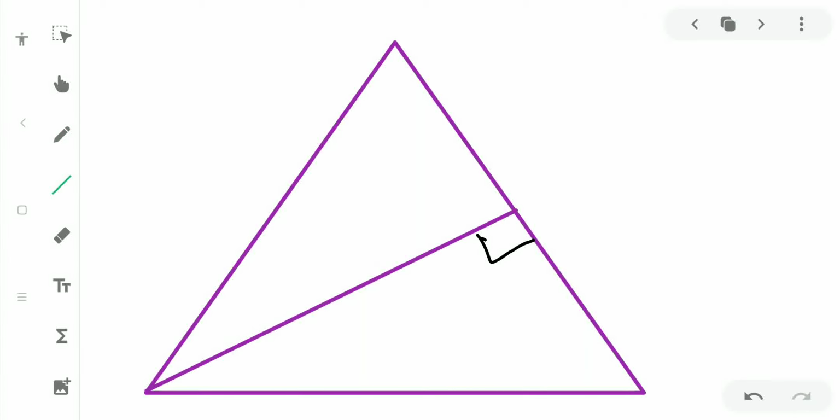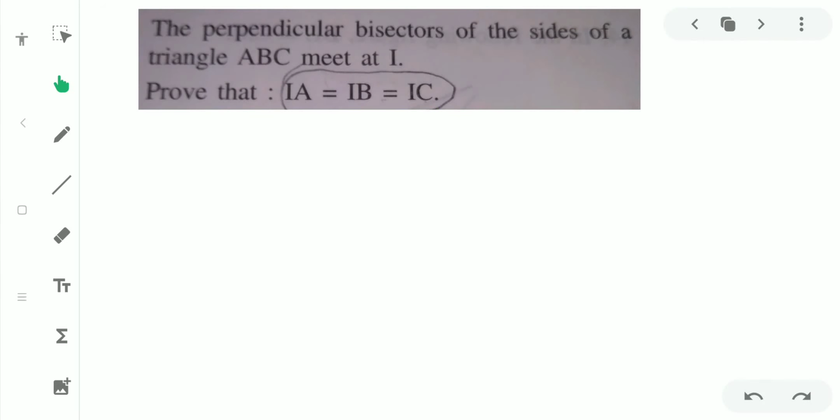When it bisects this side, what is meant by bisecting? Bisecting is nothing but it cuts this part and this part as equal. It cuts the other two parts on the RHS and LHS side of this line as two equal parts, and that is called a bisector.